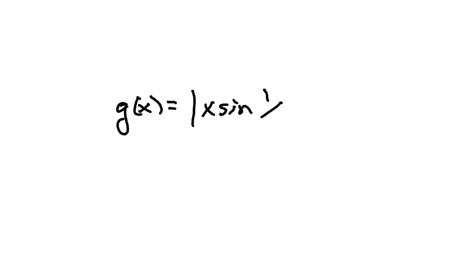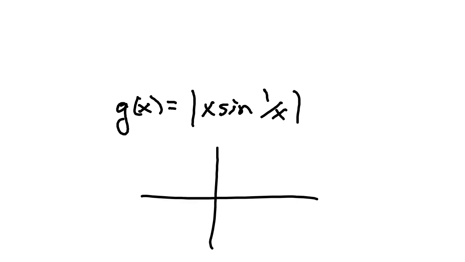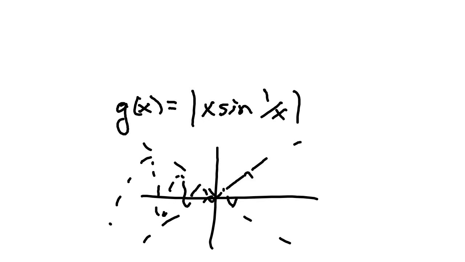And just so you know, if we were to graph that function, which I was calling g of x, the absolute value of x sine 1 over x, you have a graphing calculator or graphing tool, but if this is the absolute value, the y equals x and y equals minus x lines, what happens is the sine getting smaller, and as you go right getting bigger, the absolute value makes them all positive.